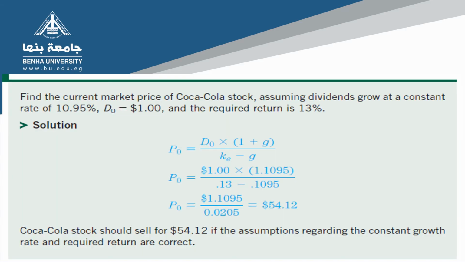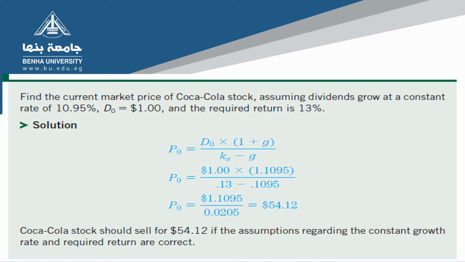For example, find the current market price of Coca-Cola stock, assuming dividends grow at a constant rate of 10.95% and D0 equals $1 and the required return is 13%.